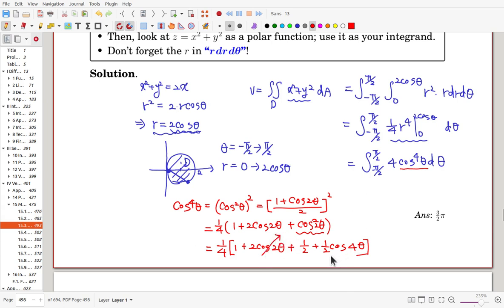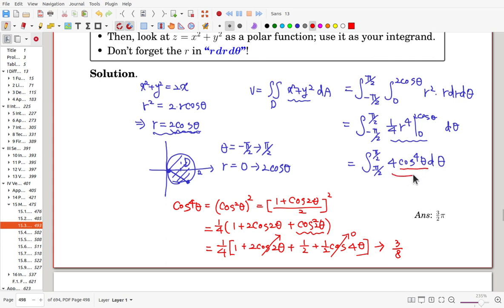And for this one, the same, you can ignore that. So the constant part will be 3 over 2, and with the 1/4, that is 3 over 8.